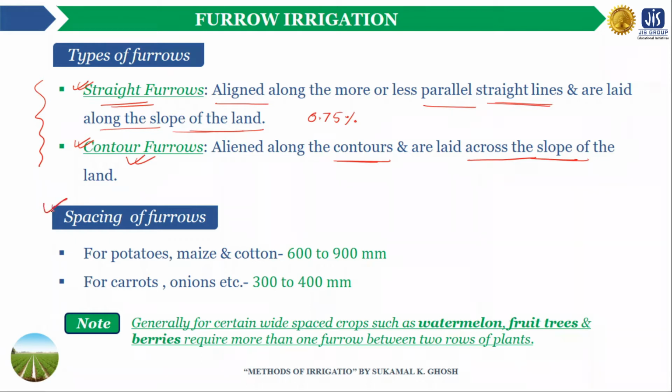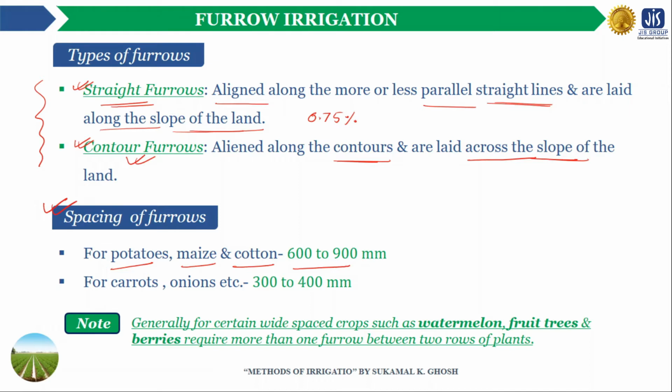The spacing of the furrows is determined by the spacing desired for the rows of the crops, because in most cases one furrow is provided for each row of crops. Crops like potatoes, maize and cotton are planted 600 to 900 millimeters apart and have one row of crops between two furrows.